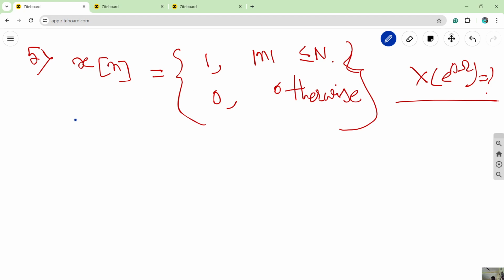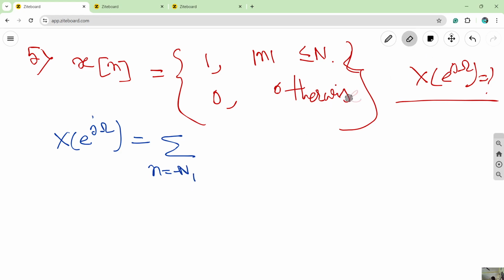So X of e to the j omega is the sum from n equal to minus n1 to n1 of x of n e to the power minus j omega n.